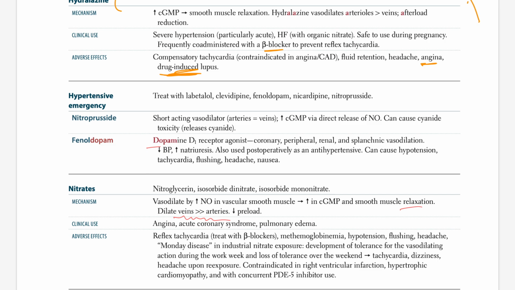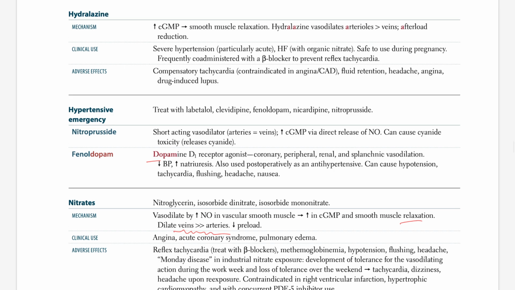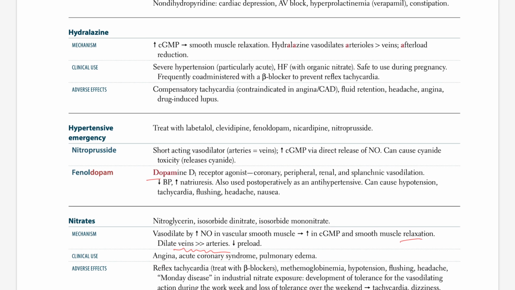So what other drugs would cause drug-induced lupus? They are isoniazid, procainamide, and hydralazine, as we talked about. So yeah, that is going to be all for this drug. Now let's just review hydralazine quickly. Okay, it's a vasodilator which would dilate the artery, right? Simple thing, by causing nitric oxide, increasing cyclic GMP.